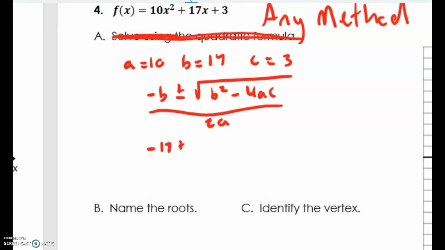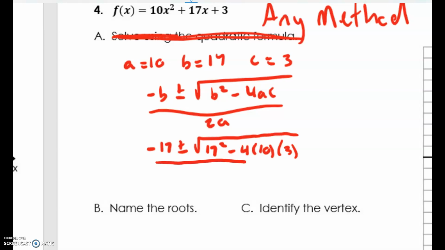Alright, so I'm going to plug those in. Negative 17 plus or minus square root b squared, so that's 17 squared minus 4 times 10 times 3, and that's all over 2 times 10, so 20.